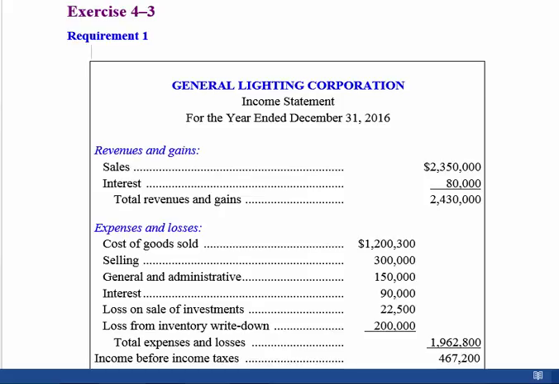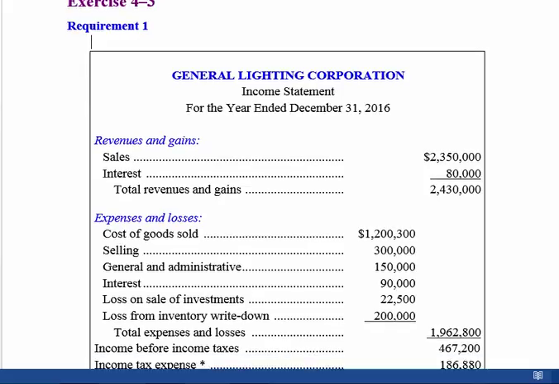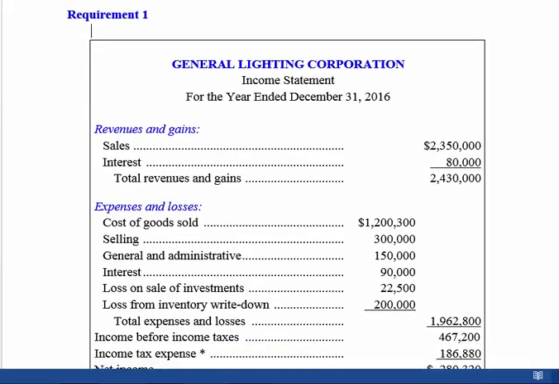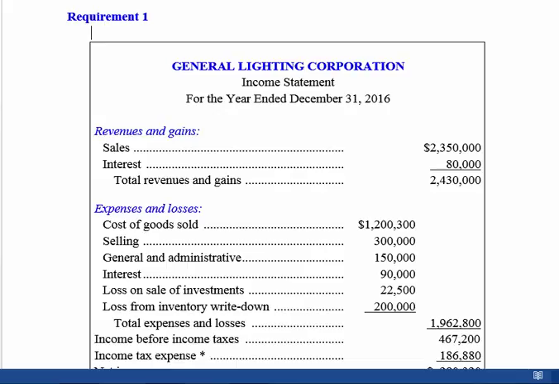Alright, now to get our income tax expense, we'll multiply income before income taxes, the $467,200, times our tax rate, which is 40%. Alright, I'm going to punch that in my calculator now. You should probably do the same. 467,200 times 0.4. I got 186,880. And that's our income tax expense.